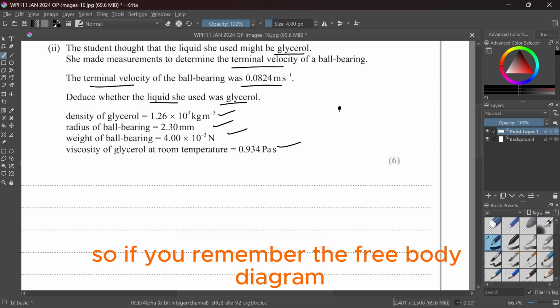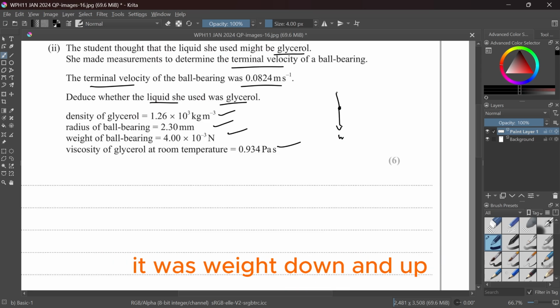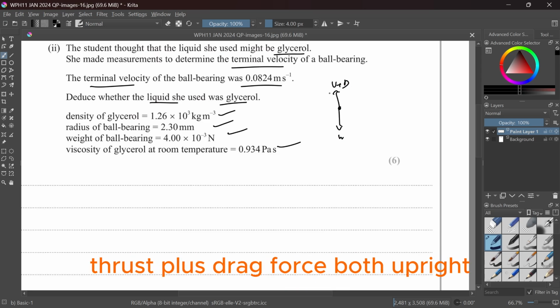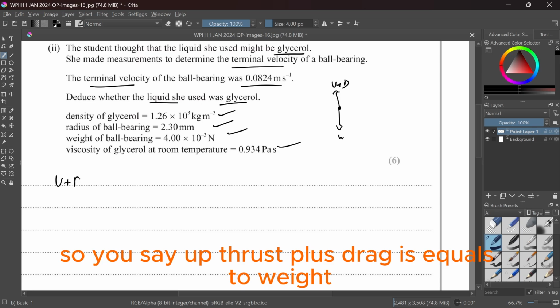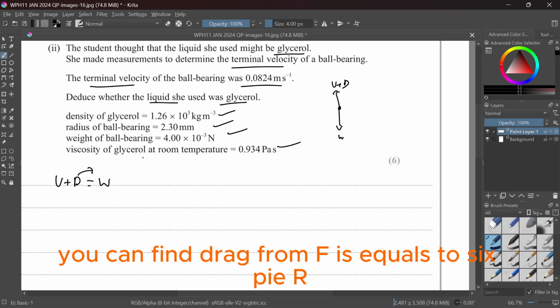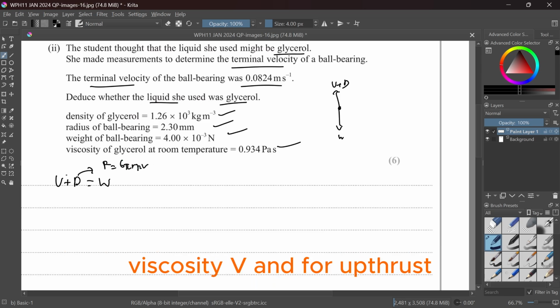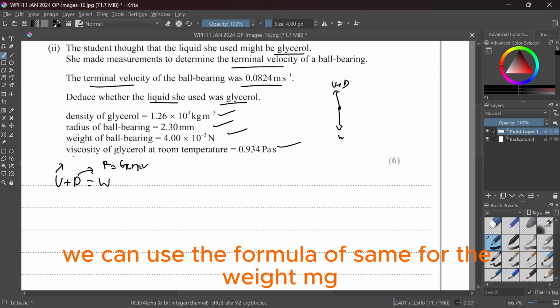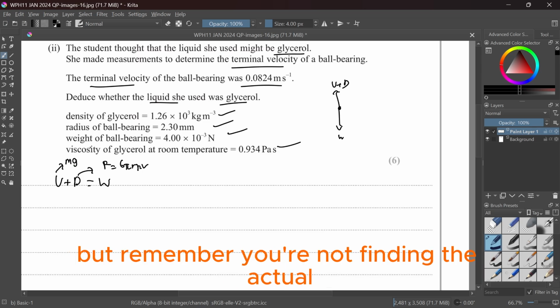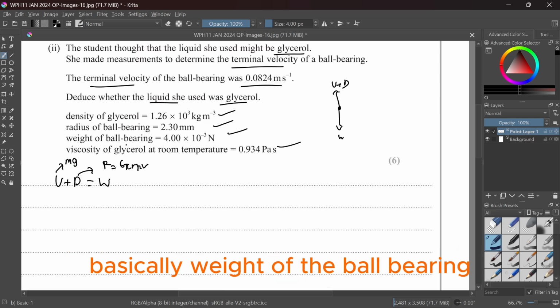So if you remember the free body diagram, it was weight down, and up thrust plus drag force both up, right? So you say up thrust plus drag is equal to weight. You can find drag from F equals 6 pi r viscosity v, and for up thrust we can use the same formula as for weight, mg, but remember you're not finding the actual weight of the ball bearing.